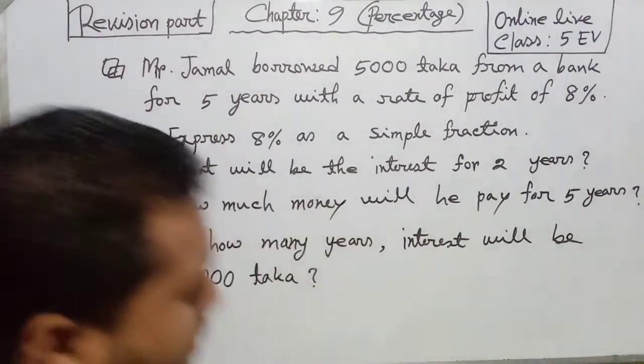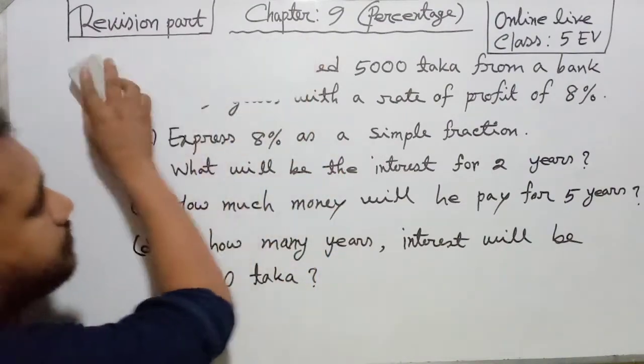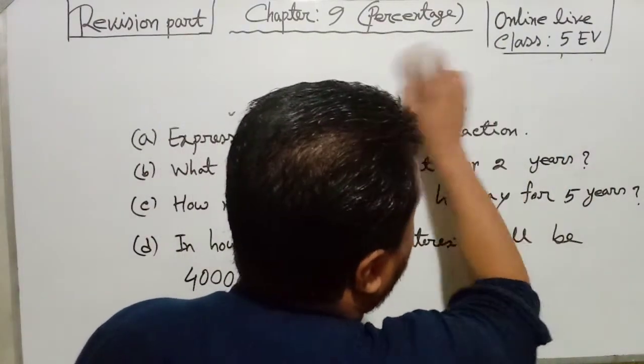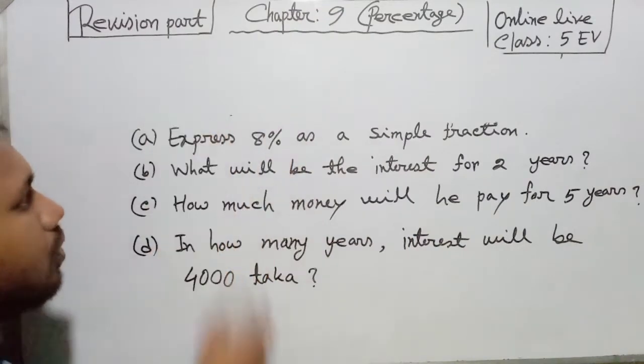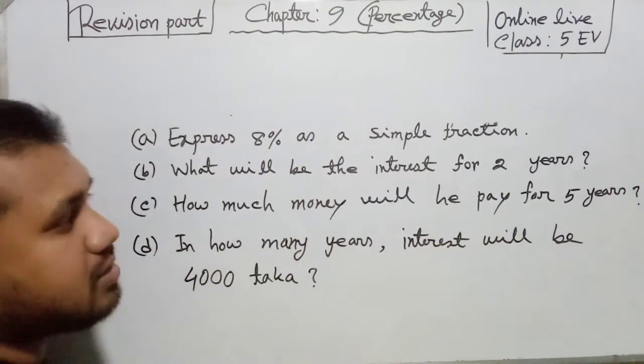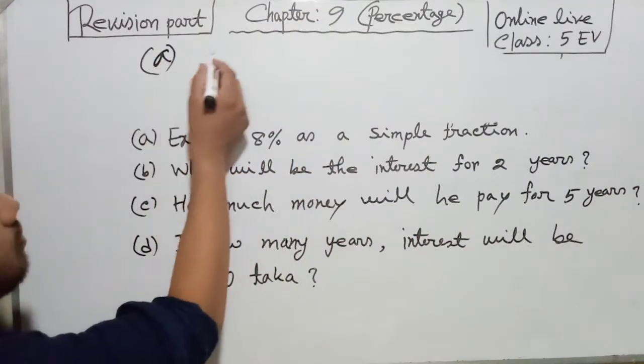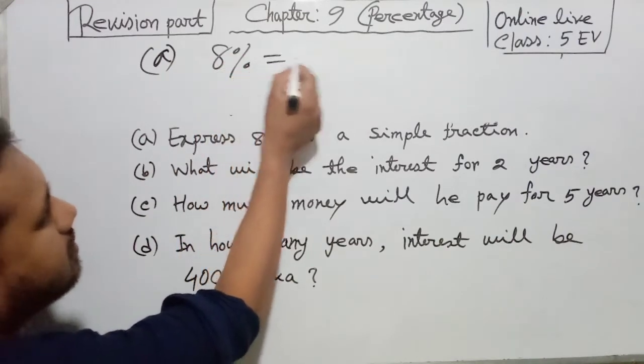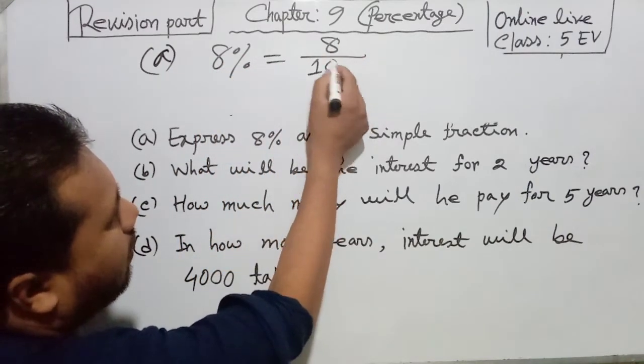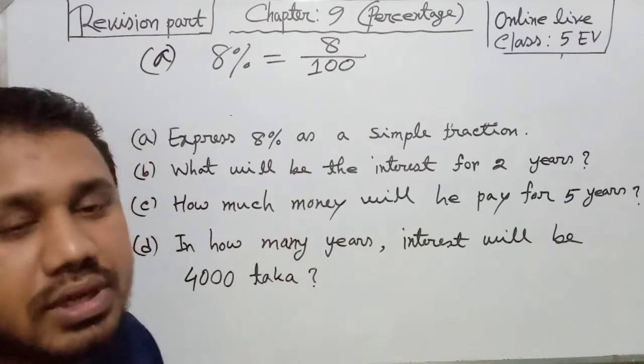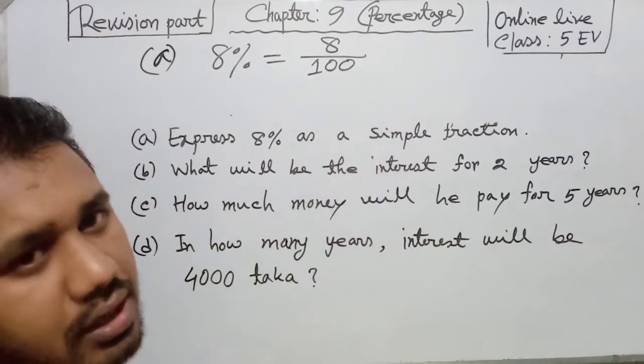Now at first, number 1. Look, express 8% as a simple fraction. So 8%, that means 8 divided by 100. We know percent means by 100, so 8 by 100.